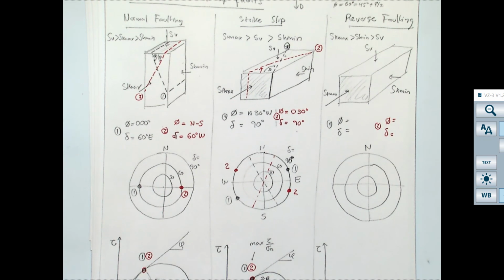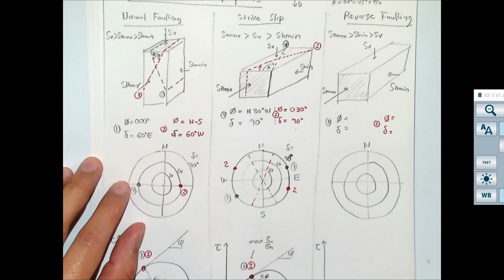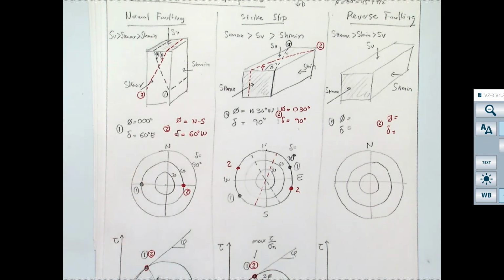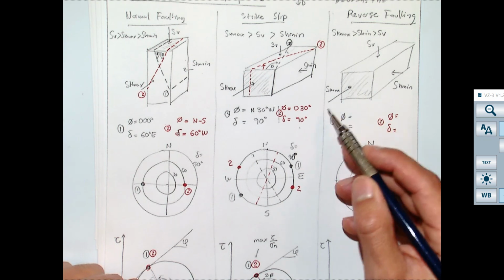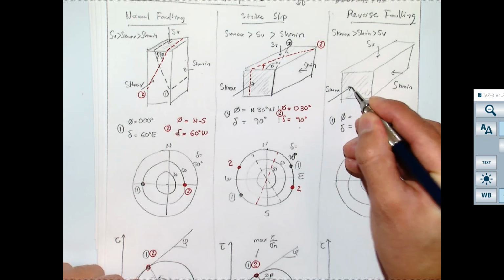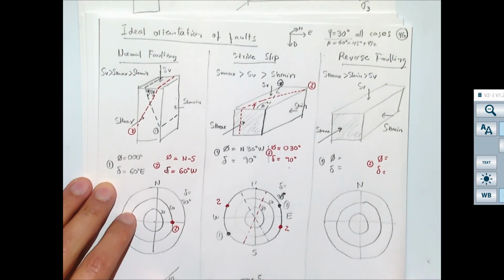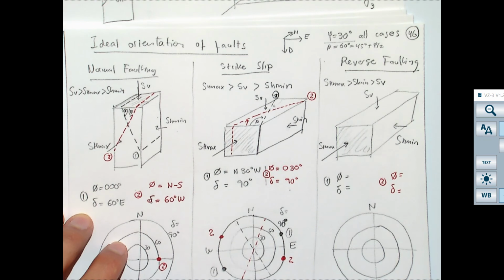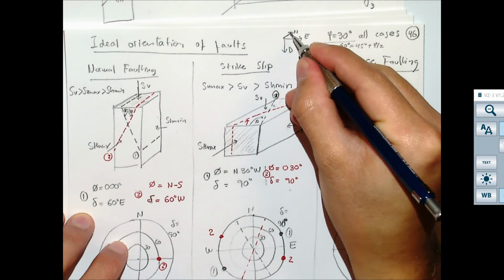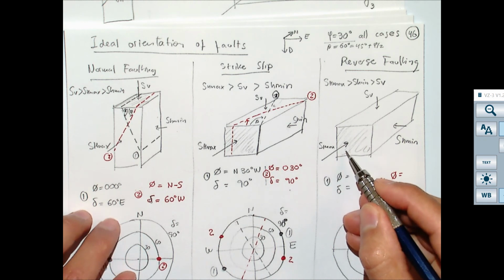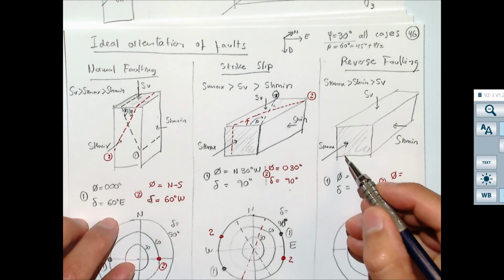When I write SHmax strikes north-south, as in this example, I mean the direction of SHmax goes from north to south. The arrow is aligned north-south. Remember that in this example, we have this coordinate system where north is going in this direction, south is going in the opposite direction. So this line is aligned with north-south.